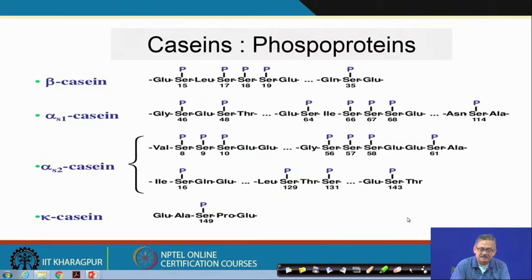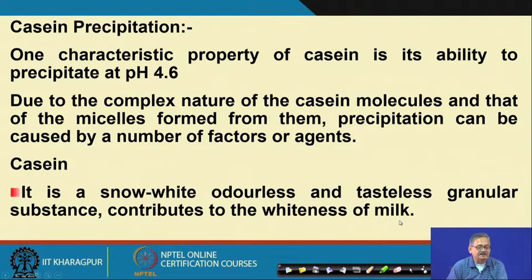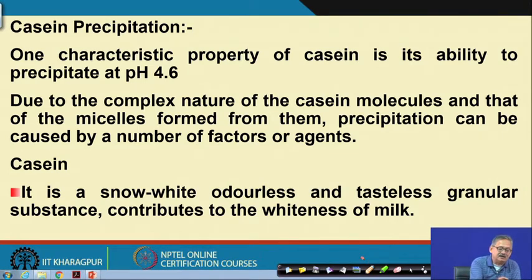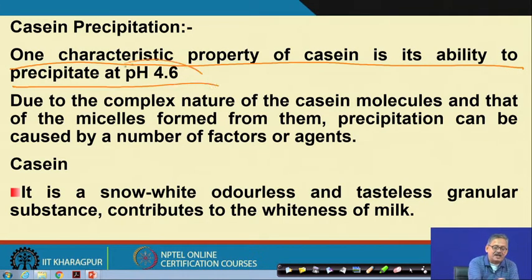Now, let us look into casein precipitation. One characteristic property of casein is its ability to precipitate at pH 4.6. That is, the isoelectric point of the casein is 4.6, right.